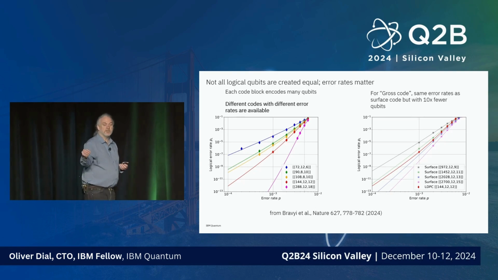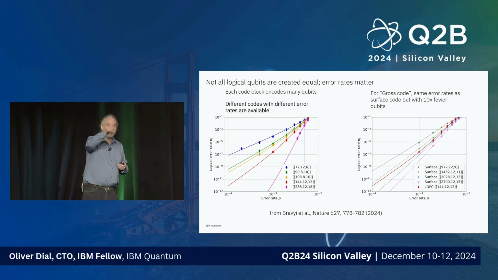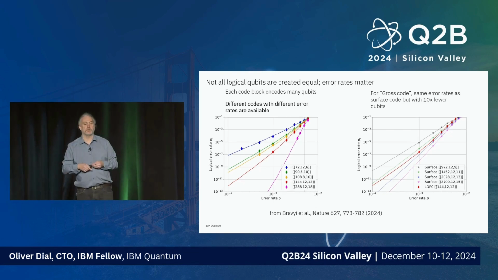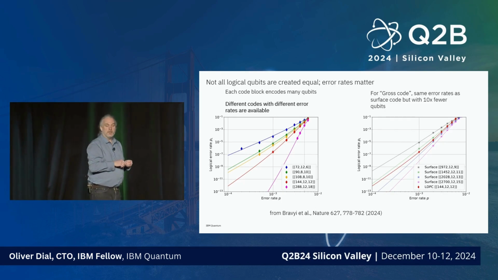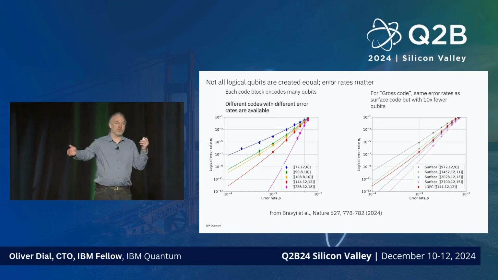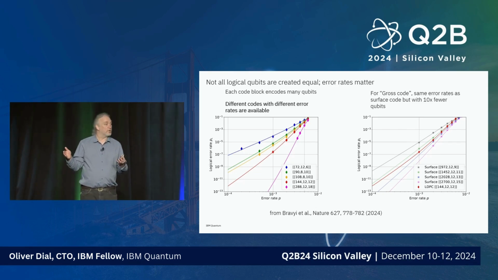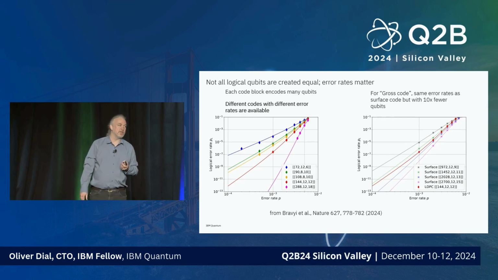If you focus on that left plot, you can see each one of those colored curves is a different code in the same family as the gross code, providing a different amount of protection. The x-axis here covers about the range of physical error rates that we think is physically achievable. So across that range, if you focus on that blue curve, it barely gets to an error rate of 10 to the minus 6.